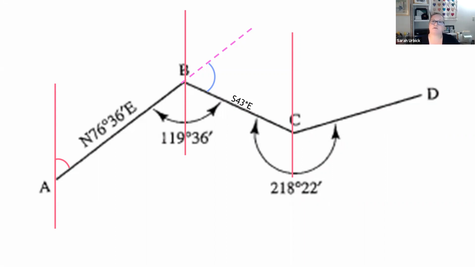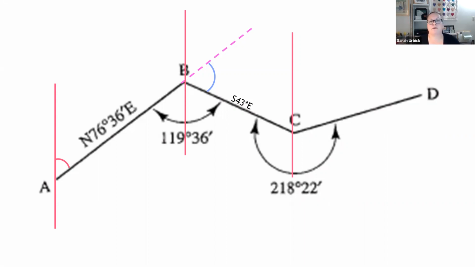Might have been a reason that we spent so much time on trig reviews, right? So I know that if I have a line and the bearing is north 76 degrees, 36 minutes east, I face north, I turn that distance in degrees, I rotate, and there's my line, A to B. So I have that angle off of my straight north.